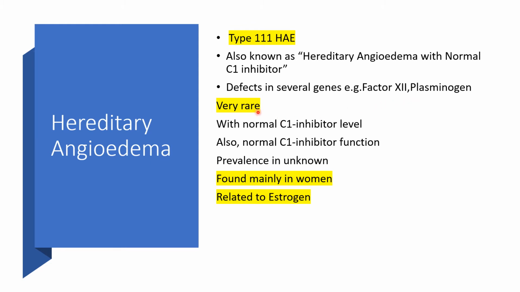But for now, it is good news to hear that it is very rare. Probably rare because not enough data as of today, 2021, right? With normal C1 inhibitor level, also normal C1 inhibitor function. The prevalence is unknown because the record is not yet out.